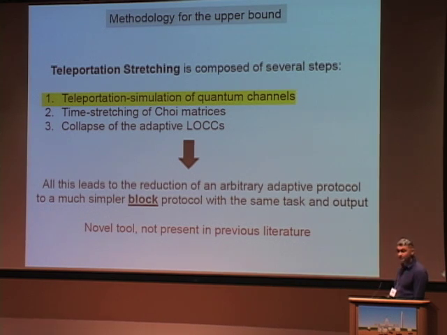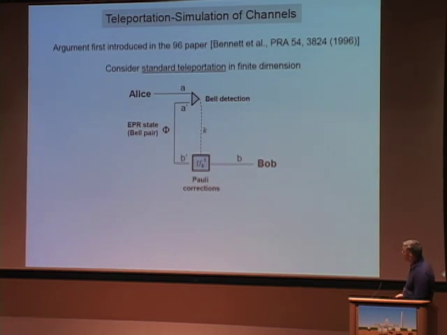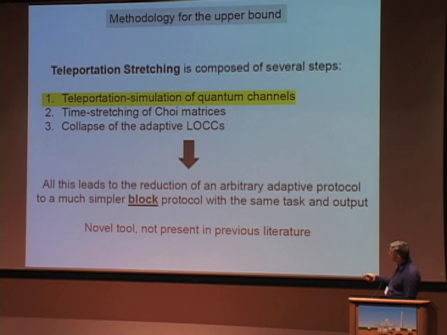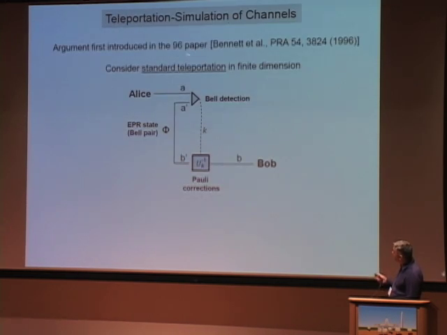First of all, that point, which is very important. This was an argument first introduced in '96, in this paper. To explain this, start from the standard teleportation protocol in finite dimension. You have Alice and Bob, and they share a Bell pair, or Bell state, a pure state of system A and B, so qubit A and qubit B if you want.